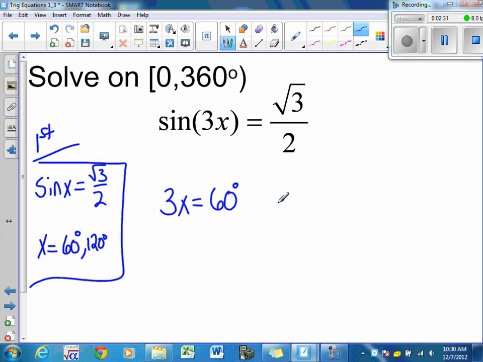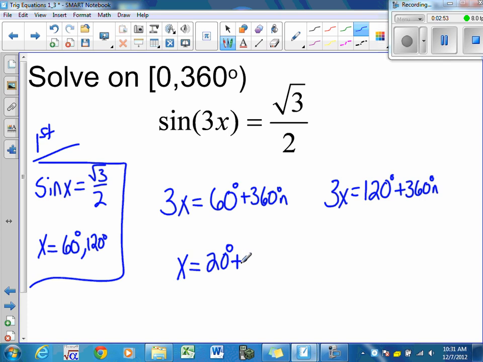So 3x is 60 and 3x is 120. But I have to add my 360n. Now I divide both of them by 3. That is 20 plus 360 divided by 3 is 120n. Over here, divide by 3, I get 40 plus 120n.